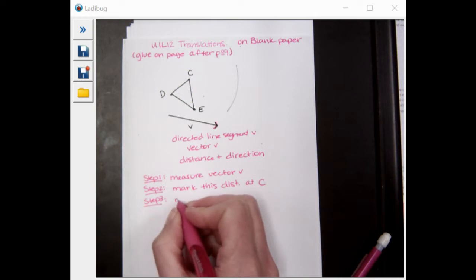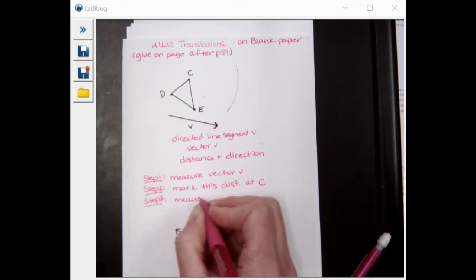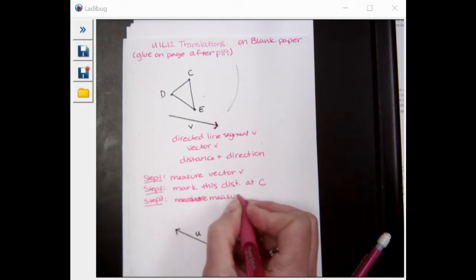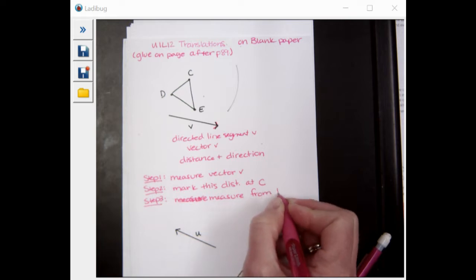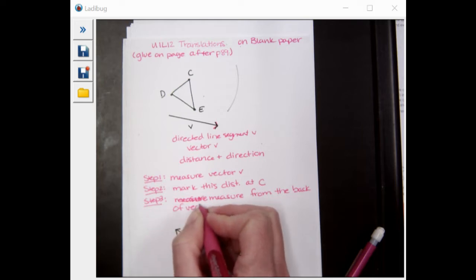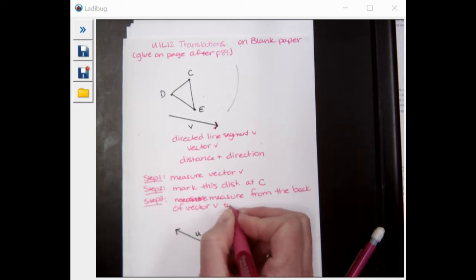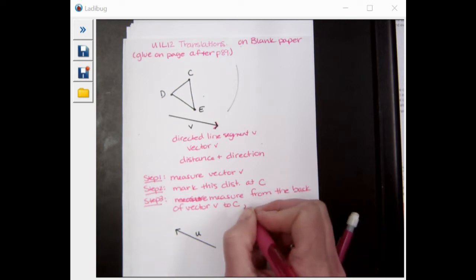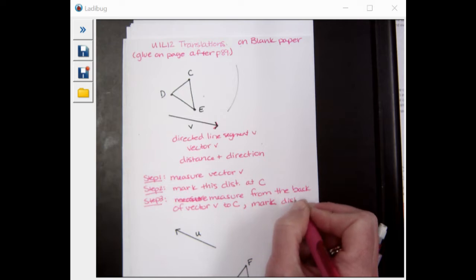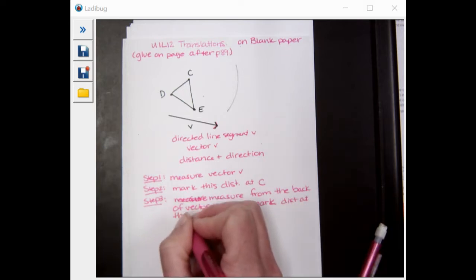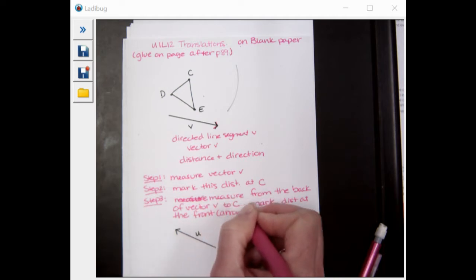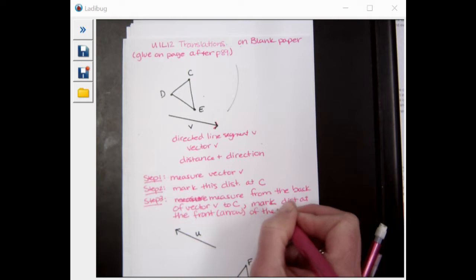I'm going to measure, sorry about that, measure from the back of vector V to my C. And then I'm going to mark that distance at the front. I'm going to put arrow in parentheses, arrow, front of the vector.